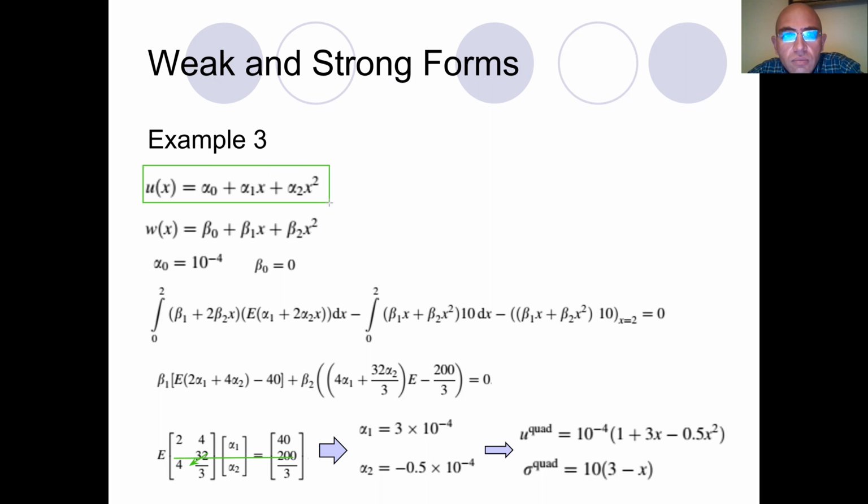So it is alpha 0 plus alpha 1x plus alpha 2x squared, and w(x) is equal to beta 0 plus beta 1x plus beta 2x squared. I know that alpha 0 is equal to 10 to the power minus 4 because I substitute 0 in place of x, so these two terms will vanish.